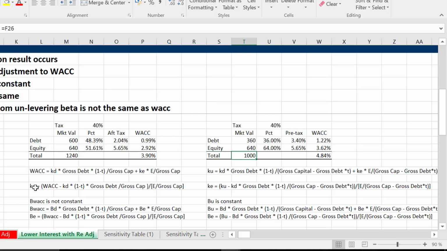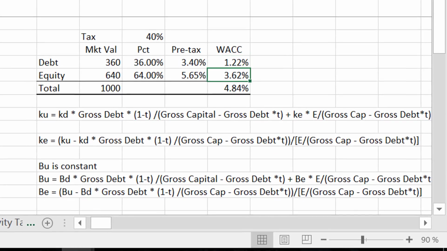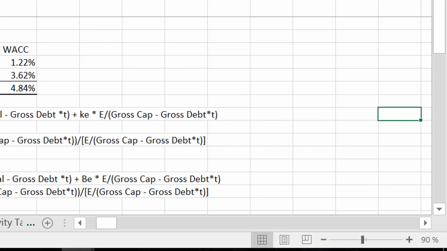We can say that the cost of the unlevered, all-equity cost is the weighted cost of debt and the weighted cost of equity. That's the cost of debt, KD, plus the cost of equity.